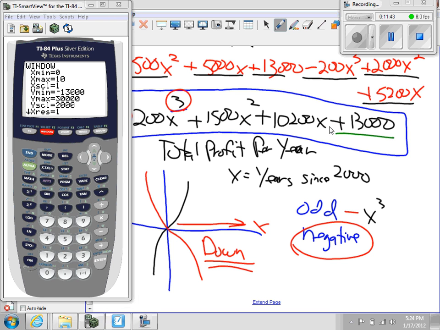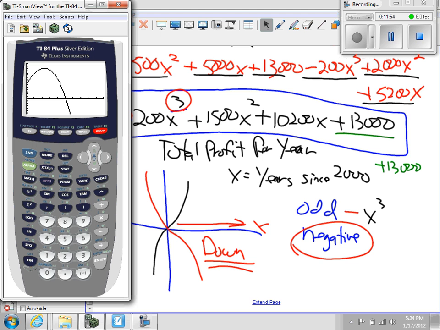And for my y maximum, I actually started out at positive 13,000, but my graph kept on going above the window, because the first couple of years my profit is going up, so I just went to higher and higher numbers until I found like 30,000, and that gave me a picture of the whole thing. But sure enough, the end behavior of this function is down, and I'm going to have profit going down over time.